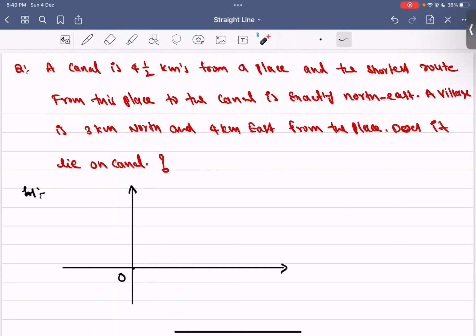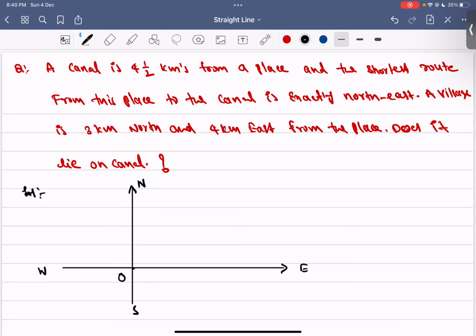northeast. So shortest route is northeast means, see here, this is north, south, east, west or not? So canal and shortest route is northeast, means the place is O, yes or no?